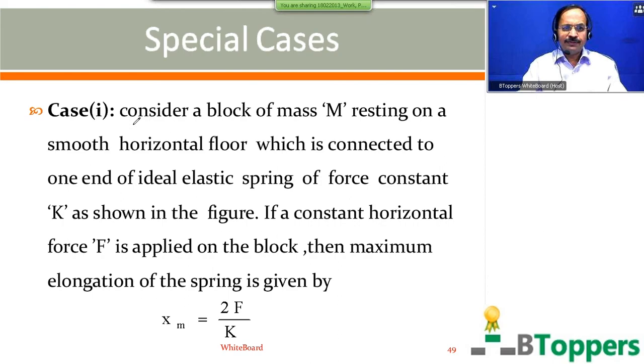Case 1. First I read out the conclusion. Consider a block of mass M resting on a smooth horizontal floor, which is connected to one end of an ideal elastic spring of force constant K as shown in the figure.